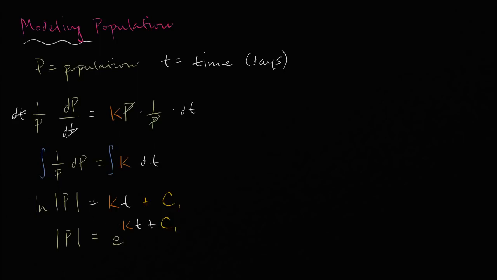Now, using our exponent properties, this is the same thing as e to the kt times e to the C1. Now this is just e to some constant, so let's just call that the constant C. So this all simplifies to C e to the kt.